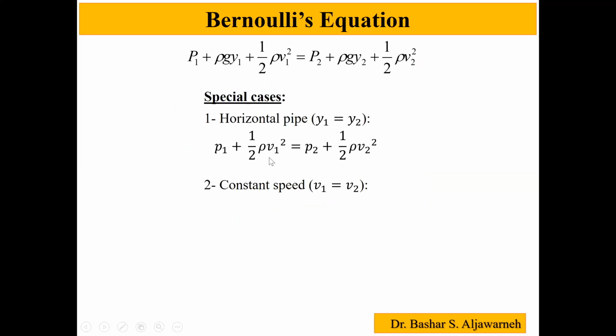Second case, if the speed is constant, which means initial velocity and final velocity are equal, and the kinetic energy per unit volume at the entrance and the exit are equal to each other, therefore we will get P1 plus rho G Y1 equals P2 plus rho G Y2.